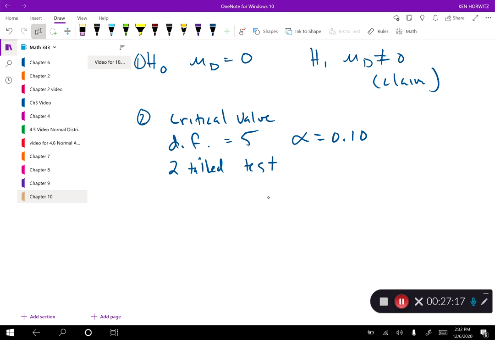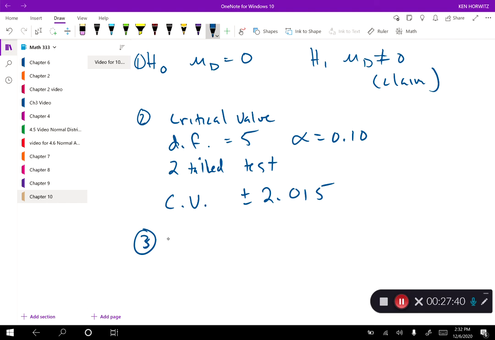Okay, my critical value that I got was plus and minus 2.015. And we're going to need this later. But now we got to compute our test value, right? And to compute our test value, we need a whole lot of components.